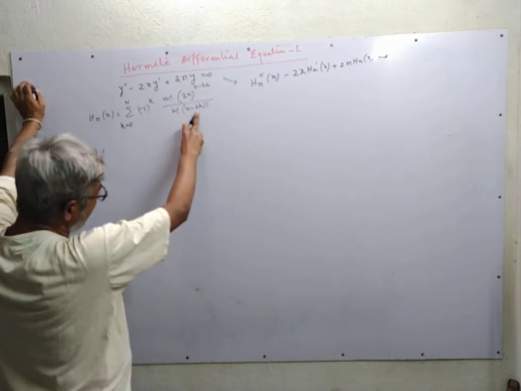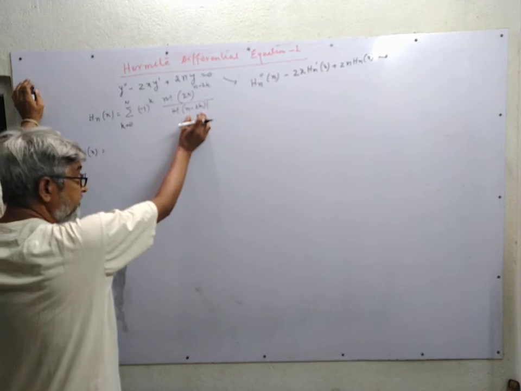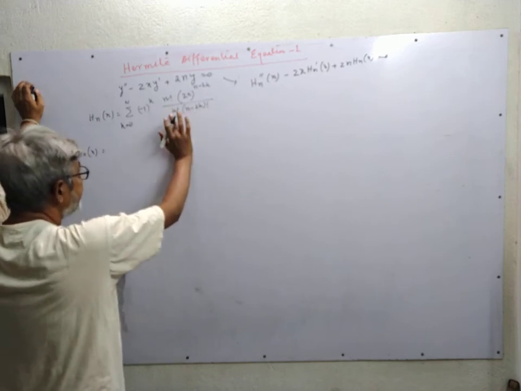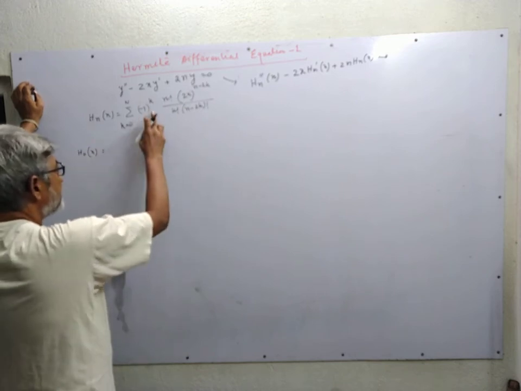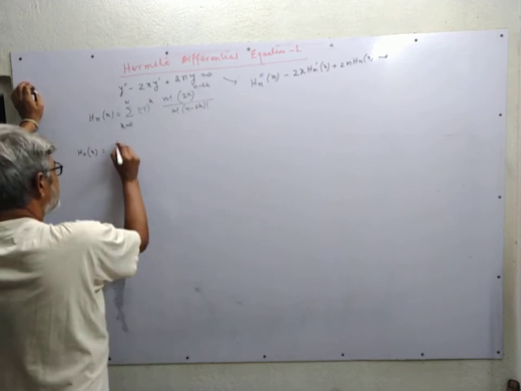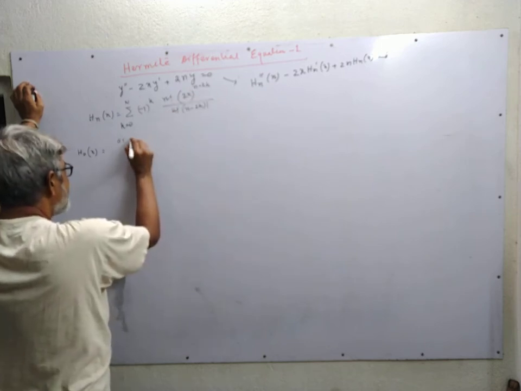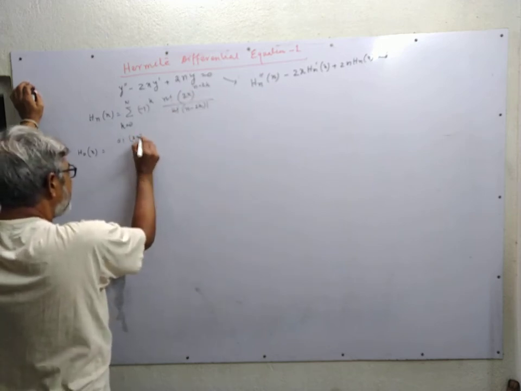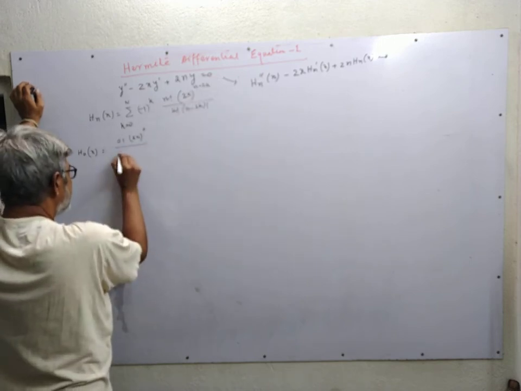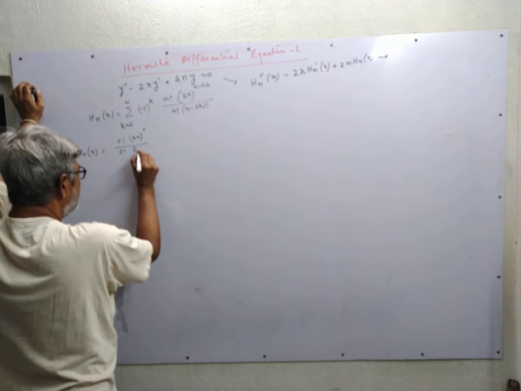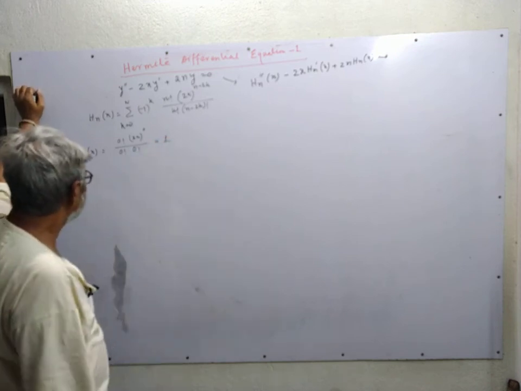If we put k to be 1, then this will be negative, and factorial of a negative integer is not defined. So there will be a single term corresponding to k is equal to 0. This is 0 factorial, 2x to the power 0, and in the denominator this is 0 factorial and 0 factorial. So this is simply 1.